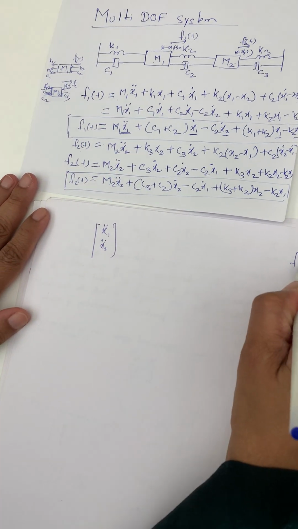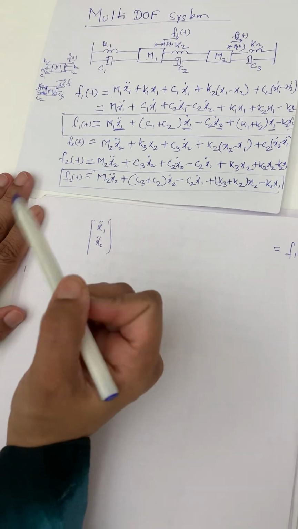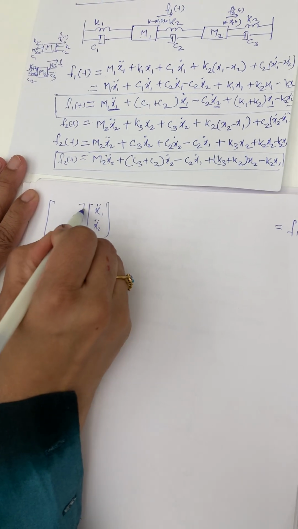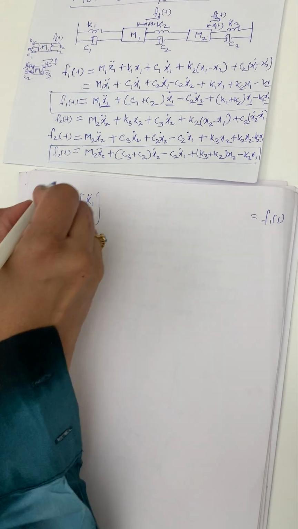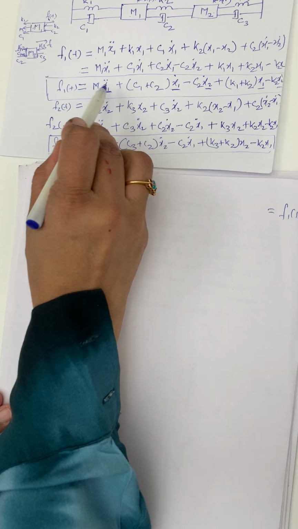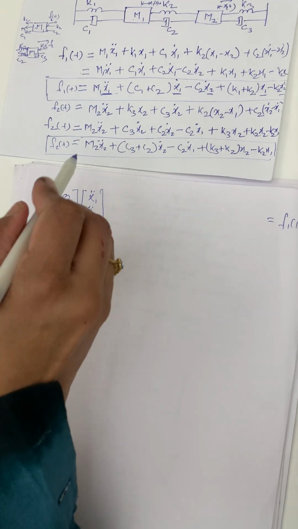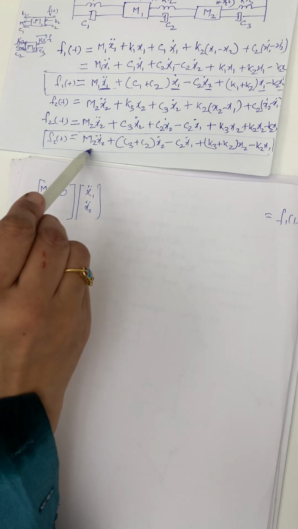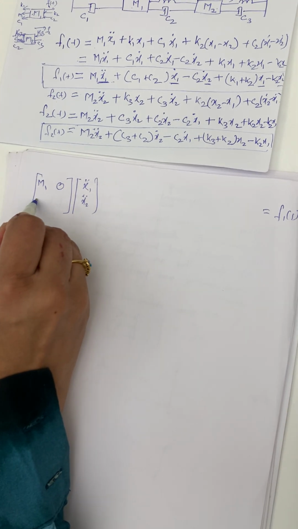You can write F1(t) over here. So you will write x1 dot and x2 dot. What will be the matrix? In this, for x1 double dot, it is M1 only. There is no term for x2, so it would be 0. And in this, it is only M2. There is no term for M1, so it would be 0.